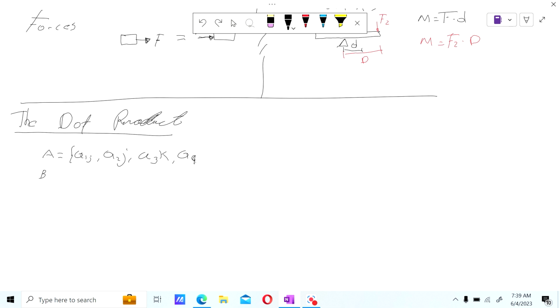And say vector B has only two components: B1 I, 0 J, and B3 K, and B4 T. Let's do that better.